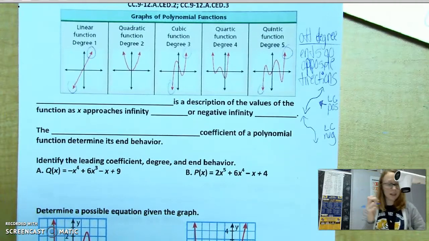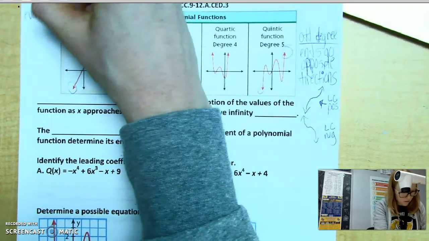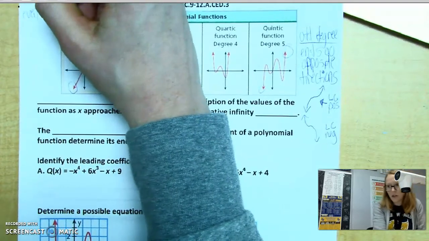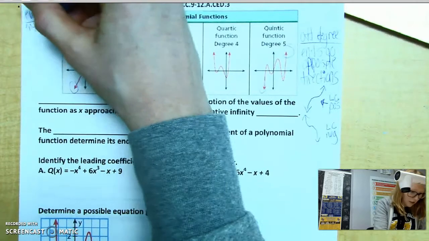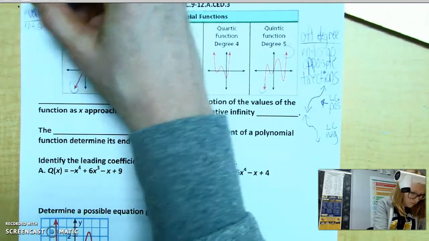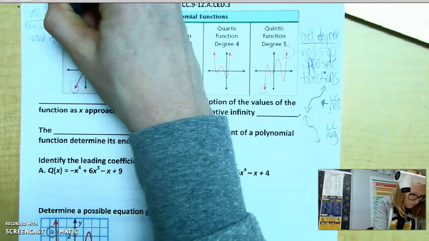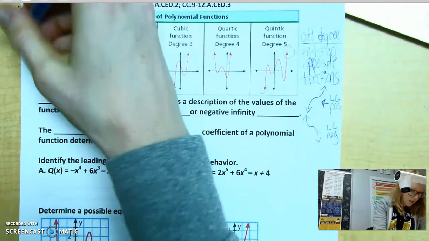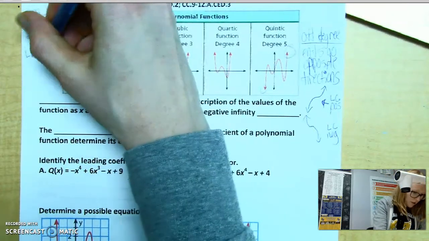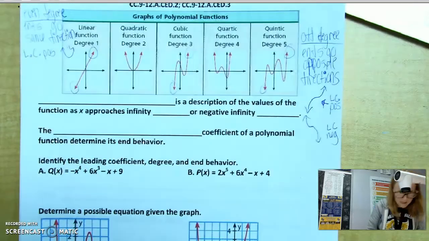That's different than an even degree function. All of these are going to either look like U's or W's, which means your ends are going to go the same direction. And if your leading coefficient is positive, it should open up and be like a smiley face, right?